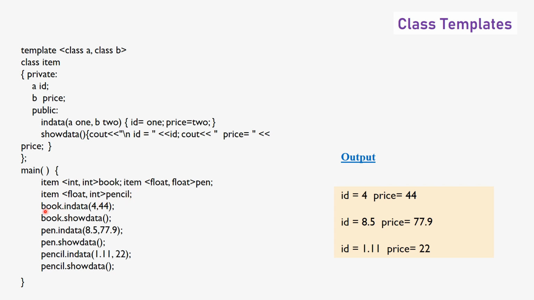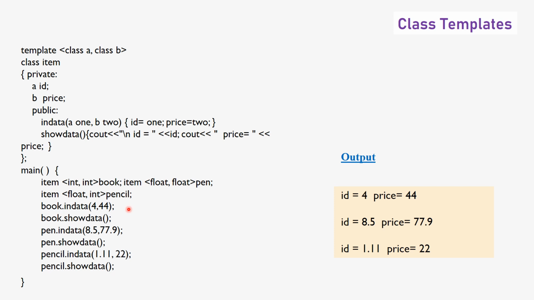So when we call the function and we pass integer integer, that will be assigned to id and price, and then we can display the result. For the second object, when we pass float and float, and then when we display the result, that will be displayed. For the third object, we are passing a float variable and an integer variable, and that is the value.